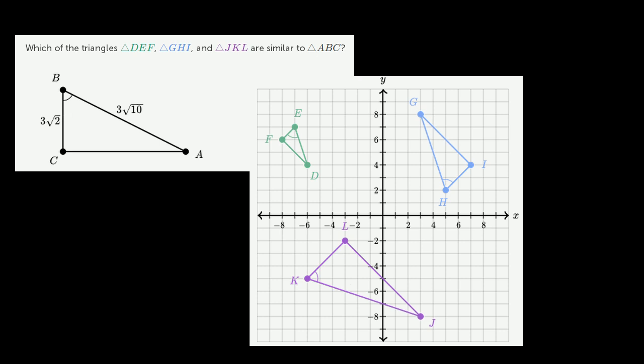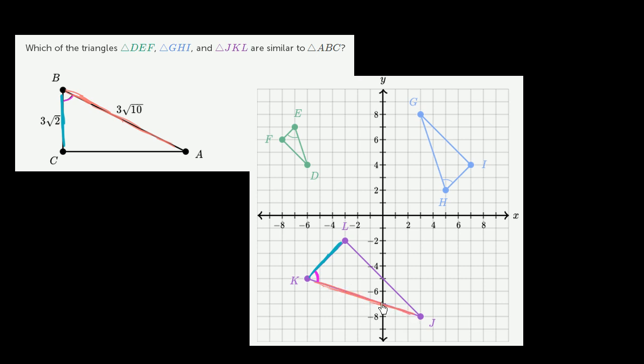So for example, if this angle corresponds to this angle, and they've already marked them as congruent, that's a pretty good starting point. And if we could show that the ratio between this side, side KL, and BC is the same as the ratio between BA and KJ, then we can say that these two are similar triangles.